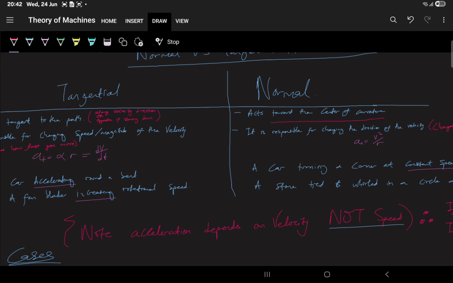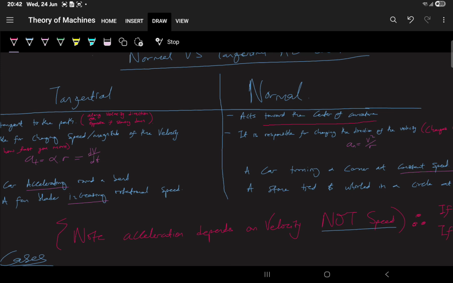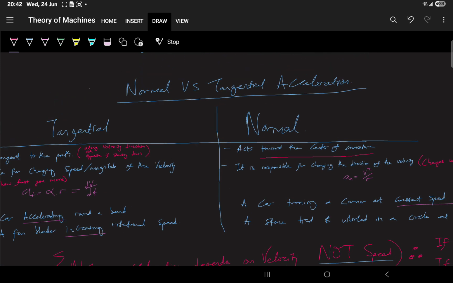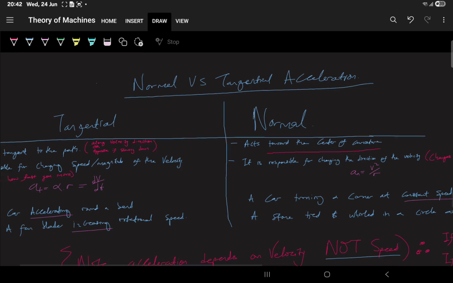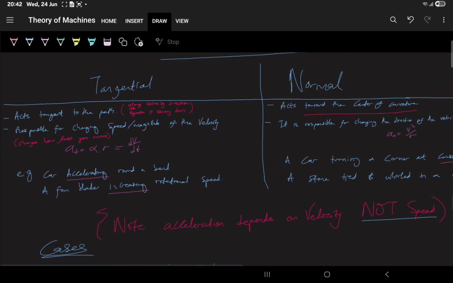Now a quick summary table of normal versus tangential acceleration. Now tangential acceleration, as said earlier, acts tangential to the path, that is along the velocity direction.